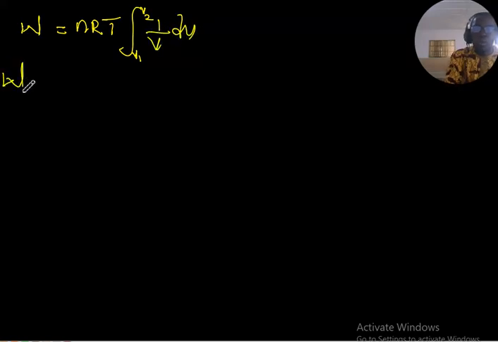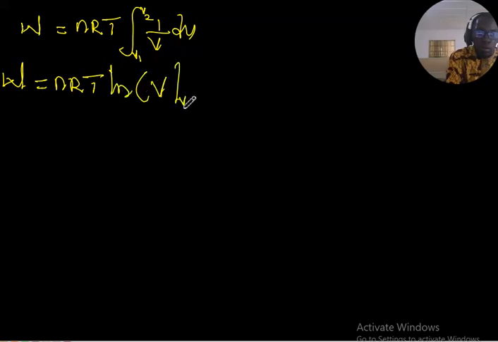So this will now be the work done in the isothermal expansion, nRT times the integral of 1 over V. It is a standard integral: the integral of 1 over x gives ln x, so 1 over V gives ln V, as you go from the lower boundary V1 to V2.